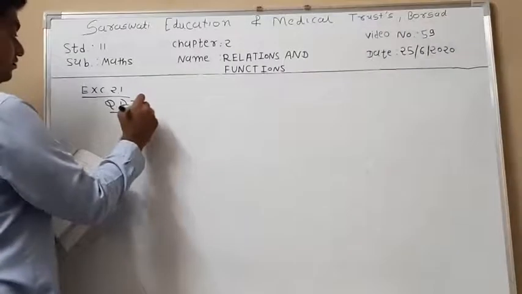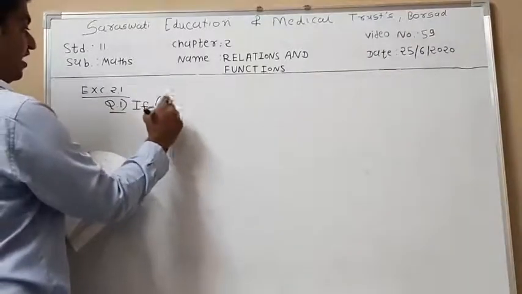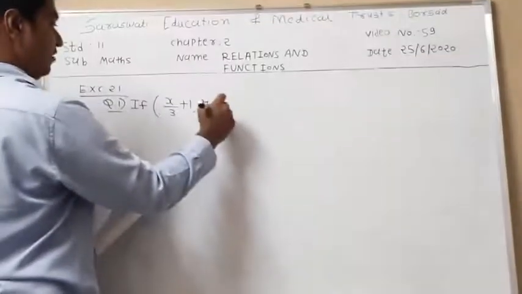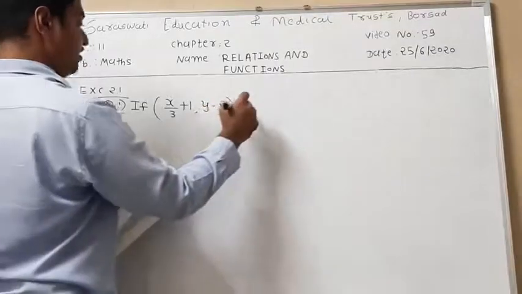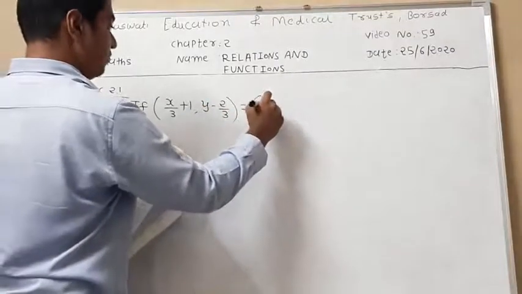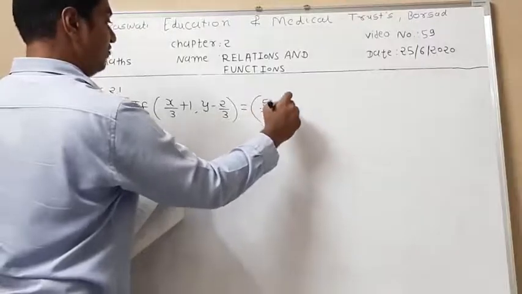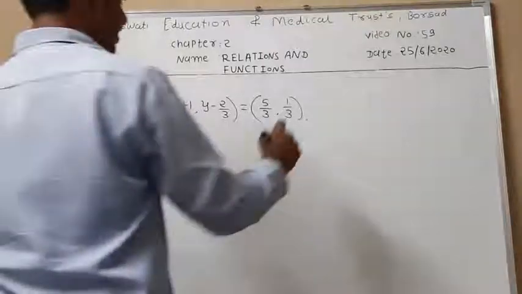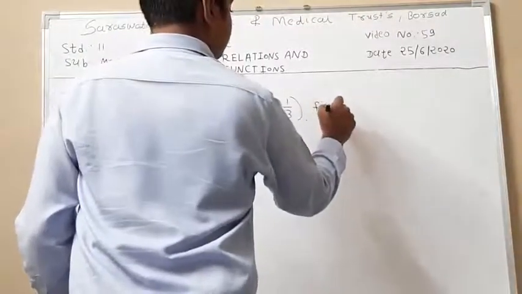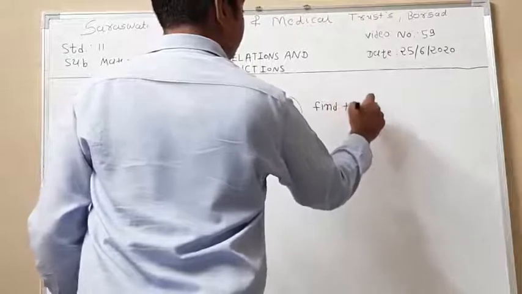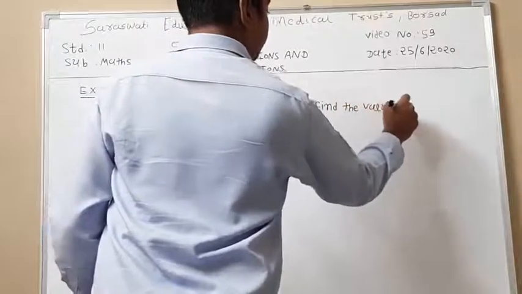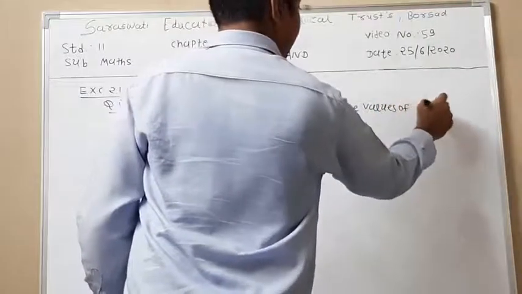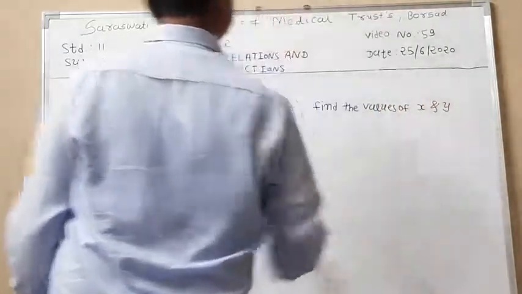If (x/3 + 1, y - 2/3) = (5/3, 1/3), then find the values of x and y.